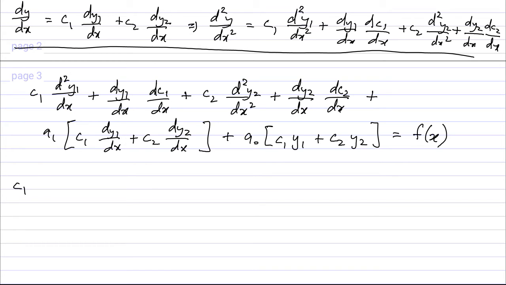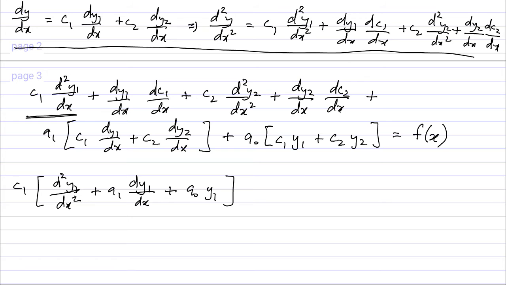So you have c1 times the double derivative of y1, d2y1 by dx2, plus a1 dy1 over dx, plus a naught y1.